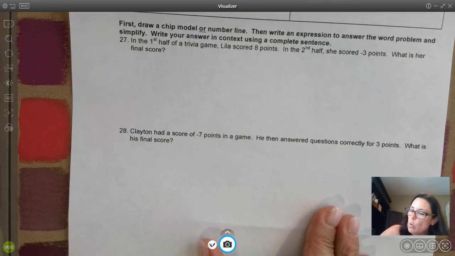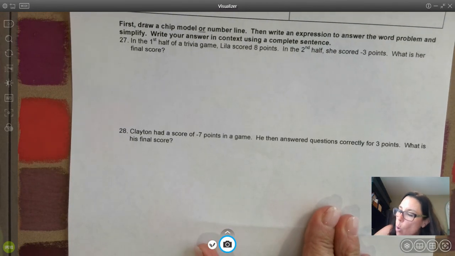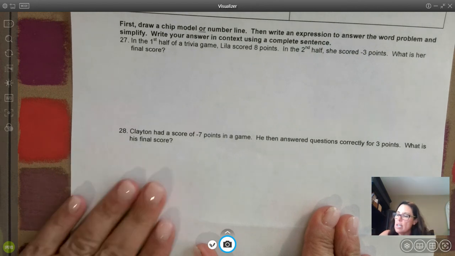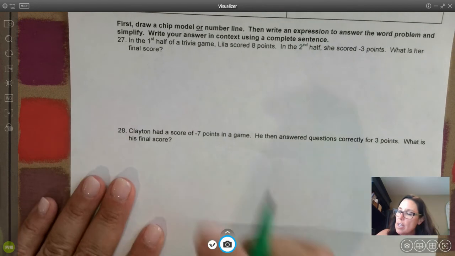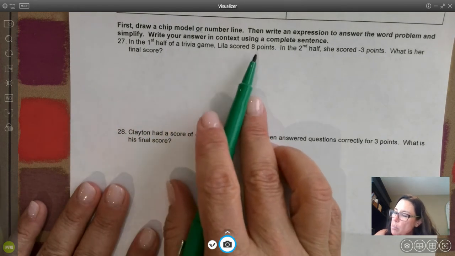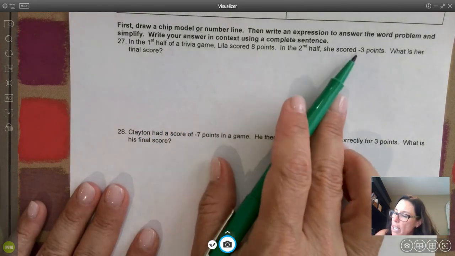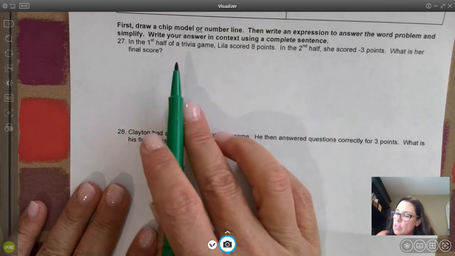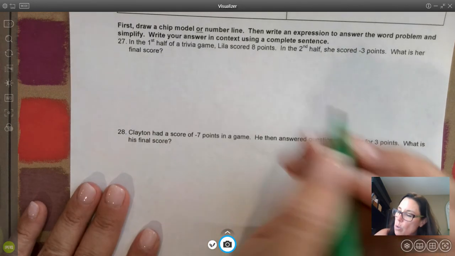Okay, 27 and 28, first draw a chip model or number line, then write an expression to answer the word problem and simplify. Write your answer in context using a complete sentence. Okay, in the first half of a trivia game, Lila scored 8 points. In the second half, she scored -3 points. What is her final score? Okay, so 8 points.